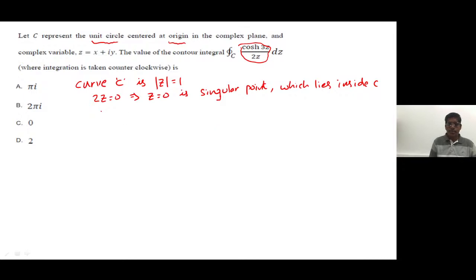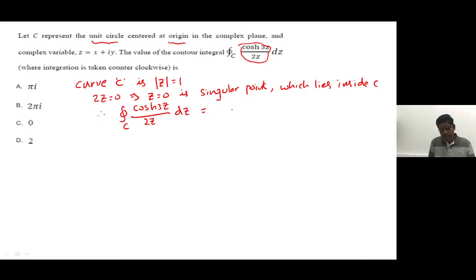So therefore the contour integral over C of cos h 3z divided by 2z dz. So comparing with Cauchy integral formula, here I can write z is equal to 0 is a singular point, means the corresponding factor, that is z is equal to 0, is obtained from z only.